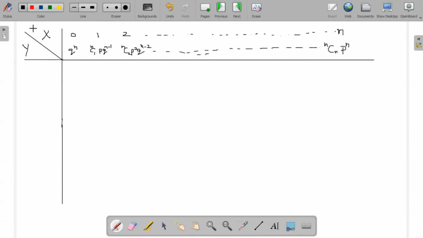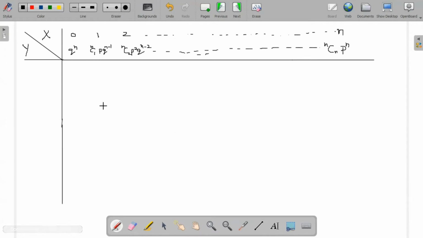If we wanted to calculate X plus Y, we would simply write 0, 1, 2 up to n and its probabilities, multiply row wise, and then sum.